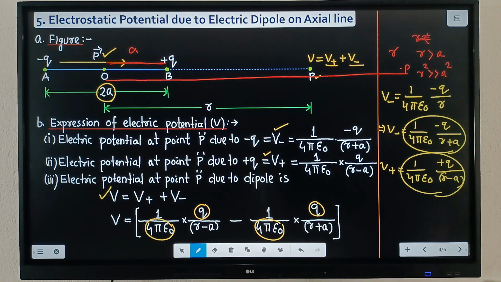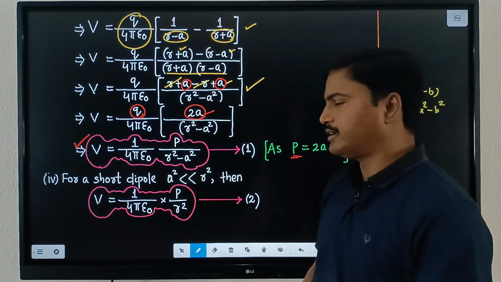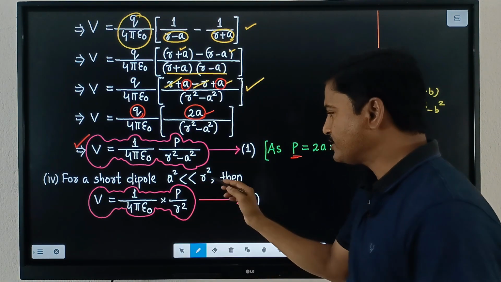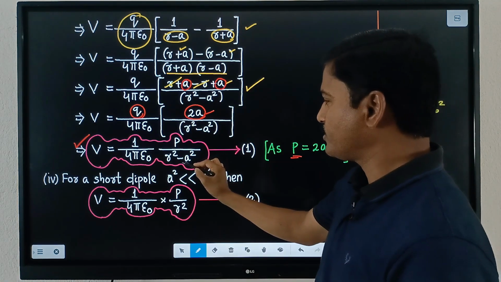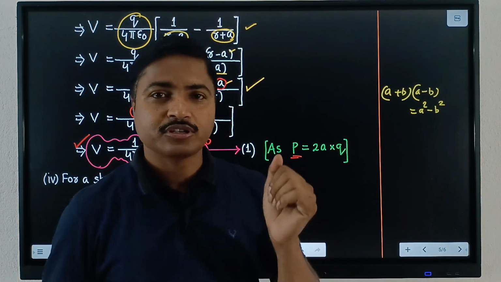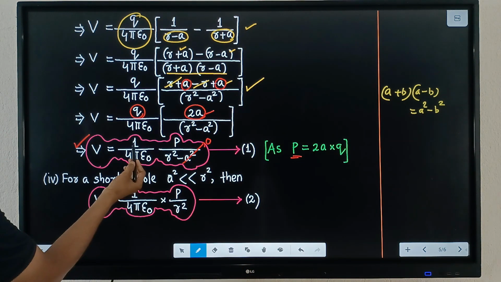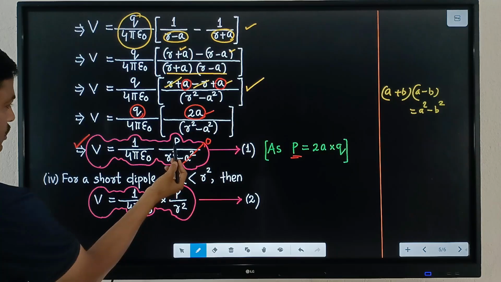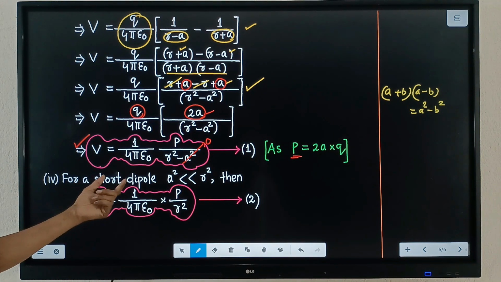Then what happens? If r square is very much greater than a square, we neglect a square here. That means in place of a square, we put approximately zero. So the expression becomes V is equal to 1 divided by 4 pi epsilon 0 p divided by r square. This is also known as the short dipole.